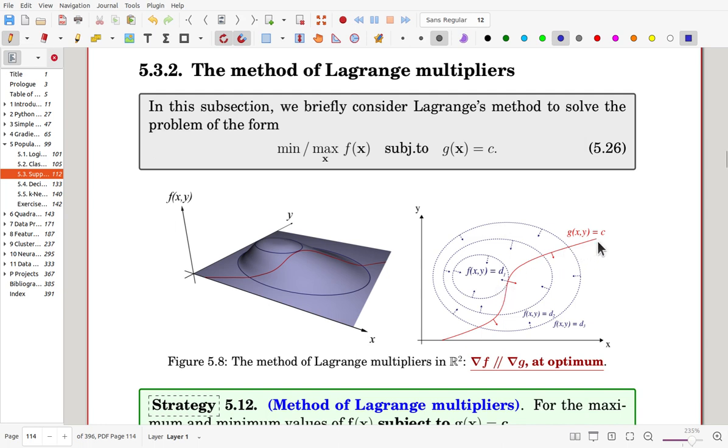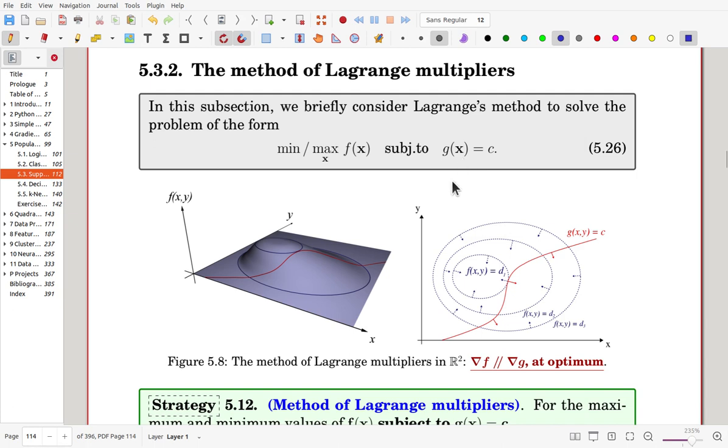And the same holds for the constraint, which is also a level curve, so its gradient is in the normal direction. Once the maximum happens at a point, of course the point x should satisfy this equation.